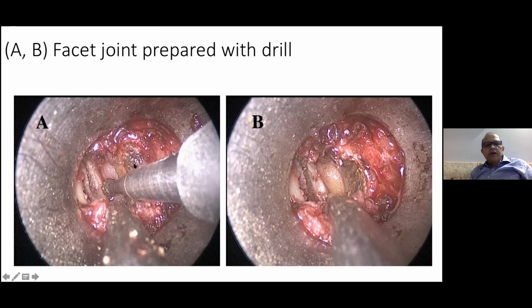So ultimately you have to go for bone fusion. So the facet joint is all drilled. This is the C2 side, this is the C1 side, and this is the posterior margin of the facet joint. So the whole facet joint you should visualize, drill, and put a graft in.